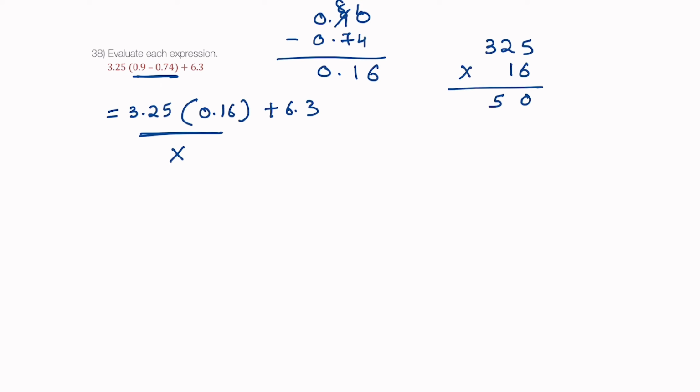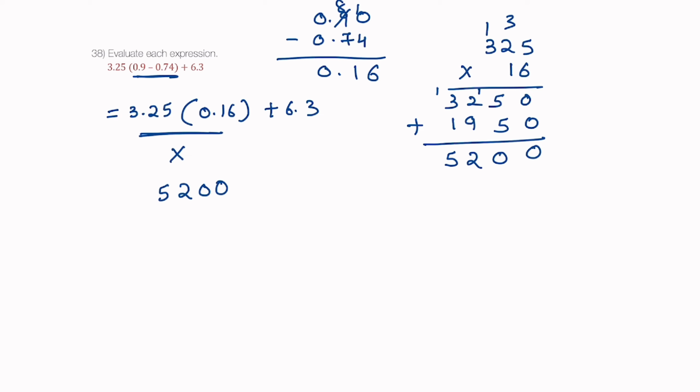0, 5, 2, 3. 0, 3. 12 plus 3 is 15. 1. 18 plus 1 is 19. 0, 0, 1, 2, 1, 5. That's 5200. Now, where will be my decimal point?